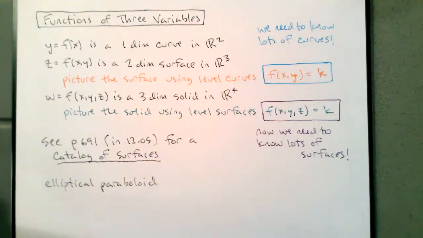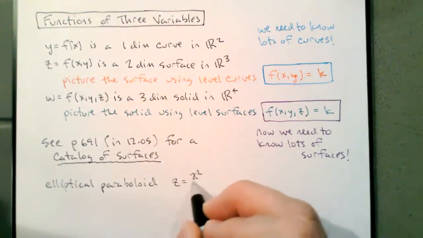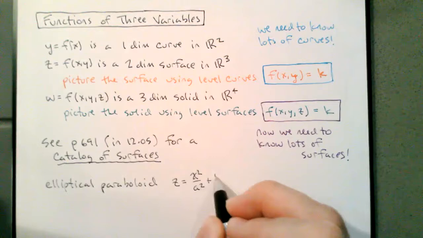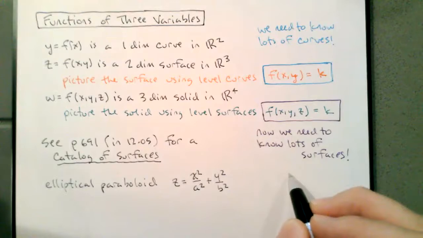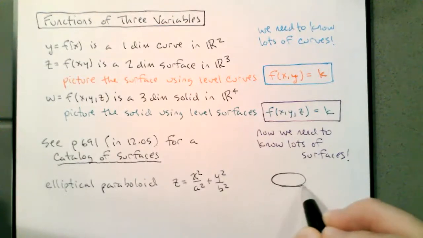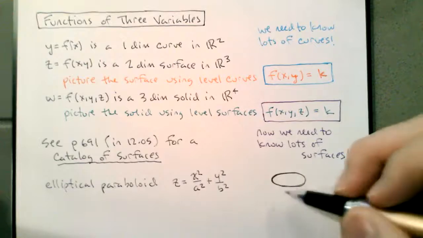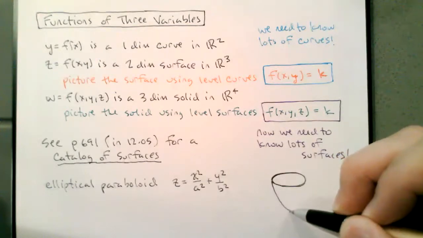The equation for an elliptical paraboloid looks like z equals x squared over a squared plus y squared over b squared. What this looks like is if we take a parabola and wrap it around and spin it around in an ellipse.